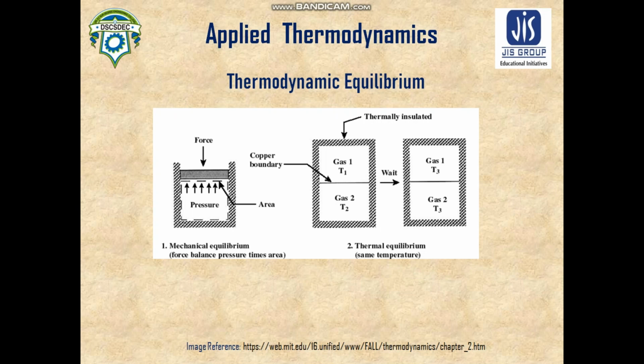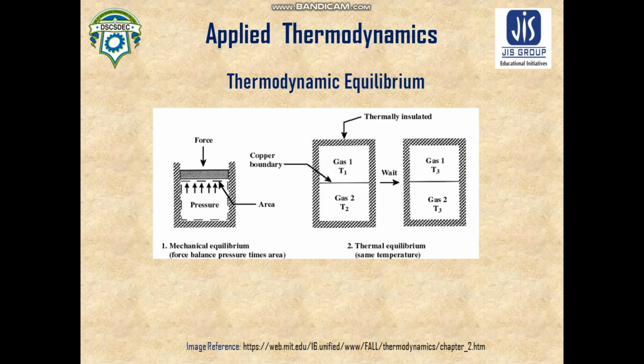Now what happens if we isolate this system from the surroundings? The system and the surroundings were interacting with each other. Interaction means there was some energy transfer going on, energy in terms of heat, in terms of work, or whatever it may be.